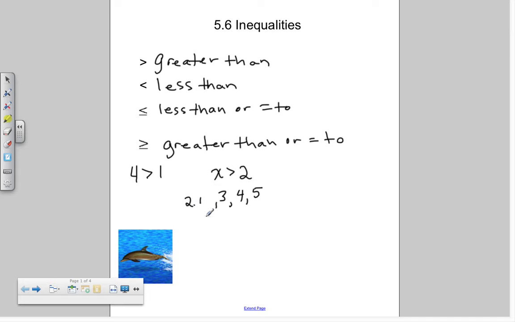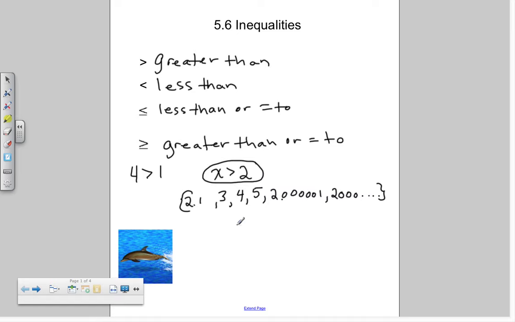Could it be 2.0000001? Yes. It could be anything larger than 2. It could be 2,000. Could it be -5? No. Okay, makes sense? So it's hard because I can't possibly list all these. So the best way to do it is to write it or to draw it. Right here is how you would write it using algebra, all of those answers.